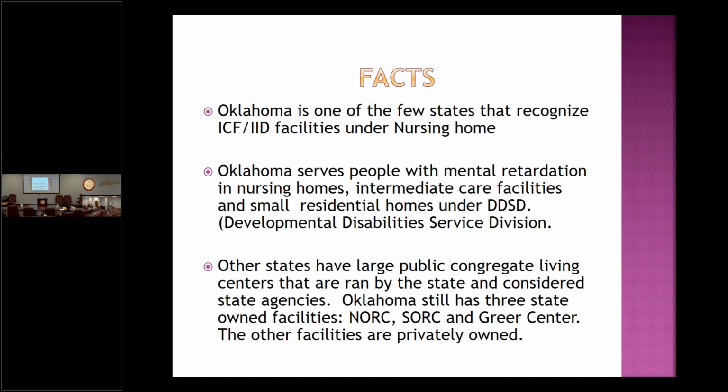They still have the Greer Center, and it cares for people with disabilities from a young age to about 21. In some cases, depending on the situation, they may see people that are older. And then the other facilities are privately owned.